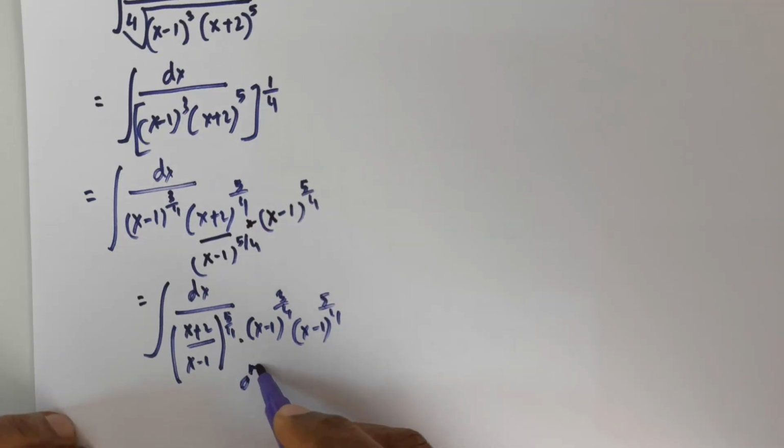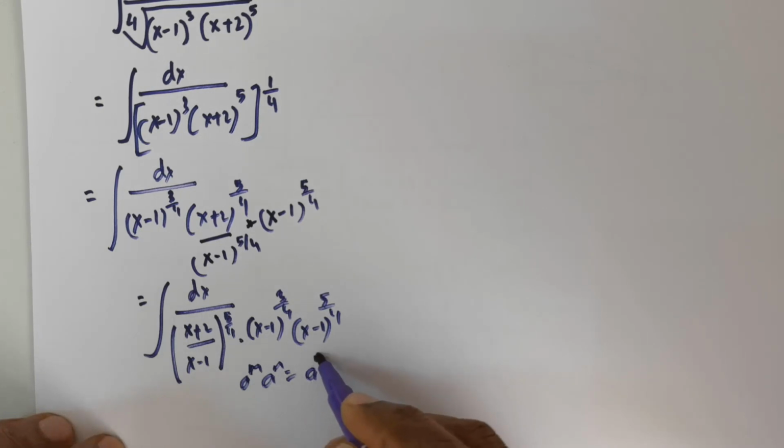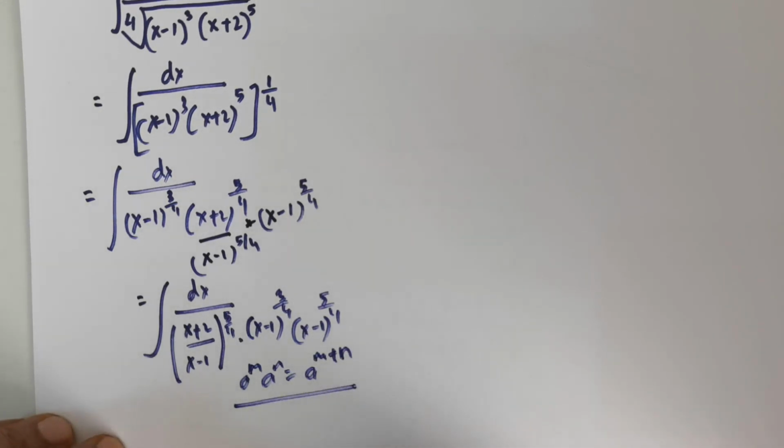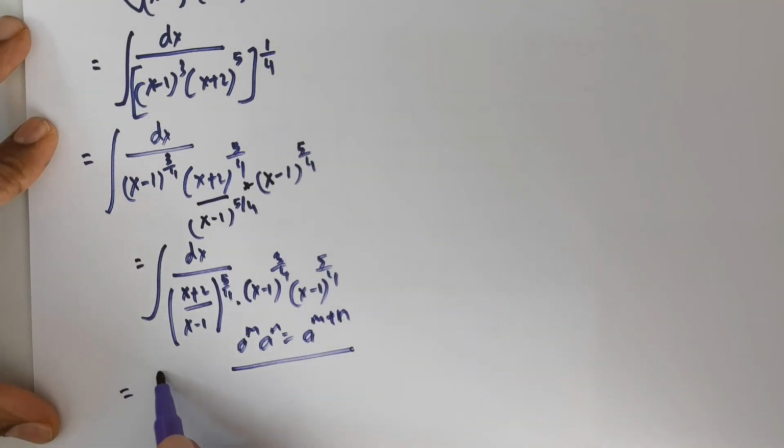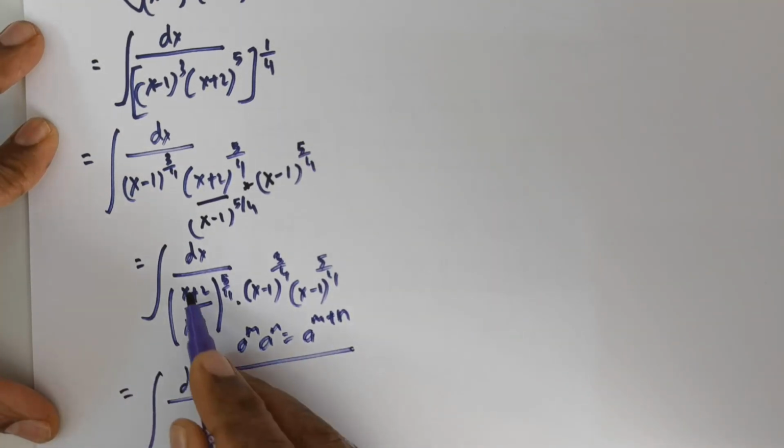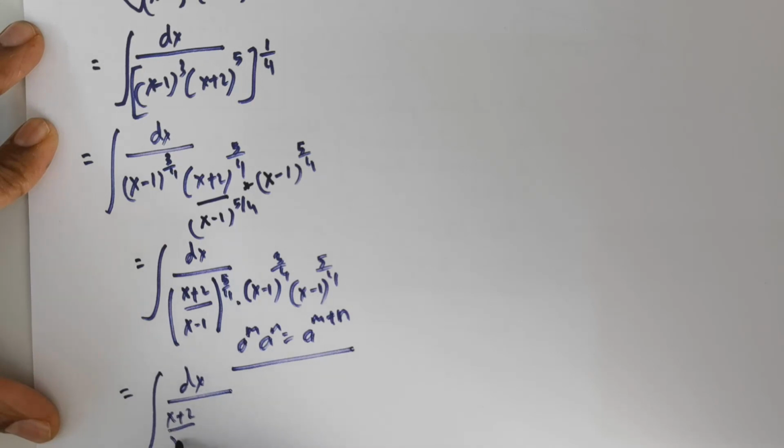Now a raised to the power of m times a raised to the power of n is a raised to the power of m plus n. So I can rewrite this as the integral dx over (x + 2) divided by (x − 1) raised to the power of 5 over 4, and (x − 1) raised to the power of 3 over 4 plus 5 over 4.